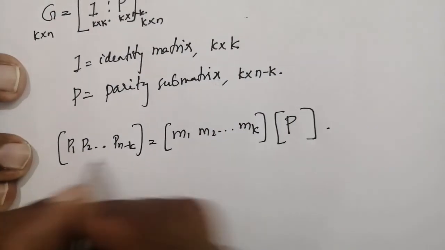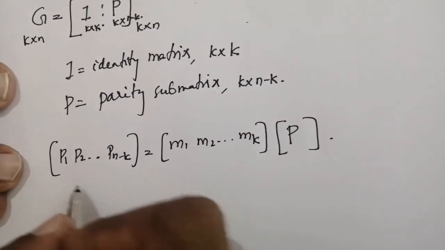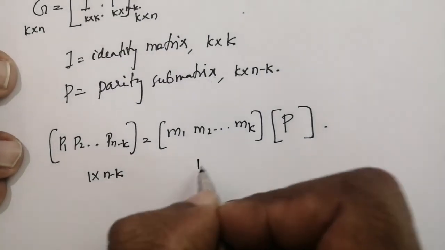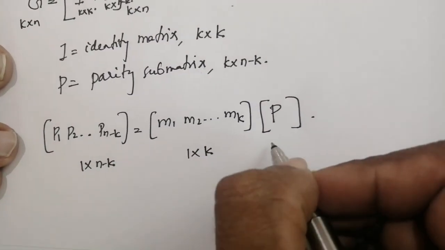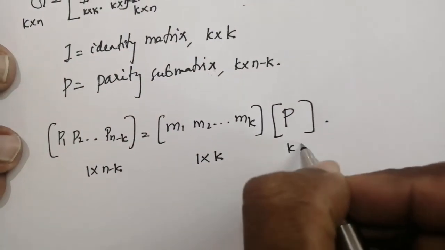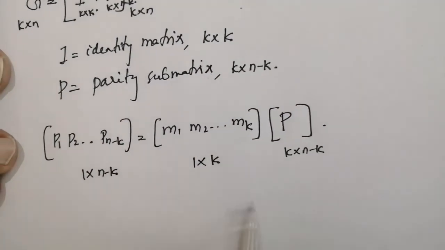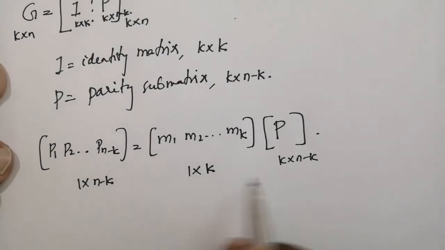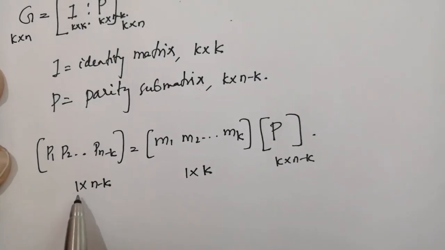The dimension of the parity vector will be 1 by n minus k. This is 1 by k times k by n minus k, which gives you a dimension of 1 by n minus k.